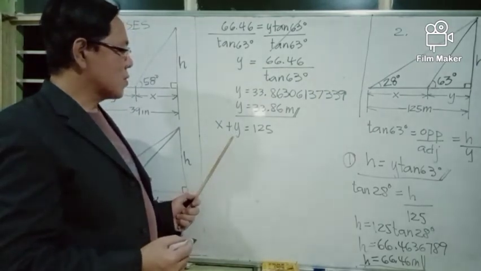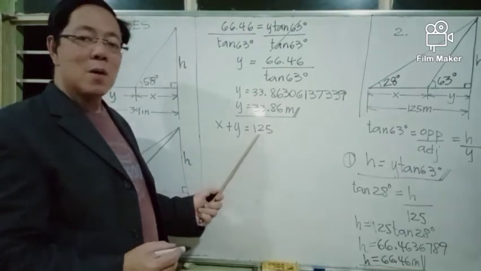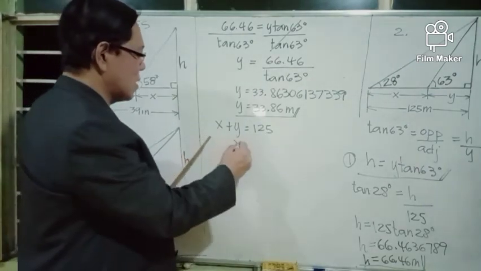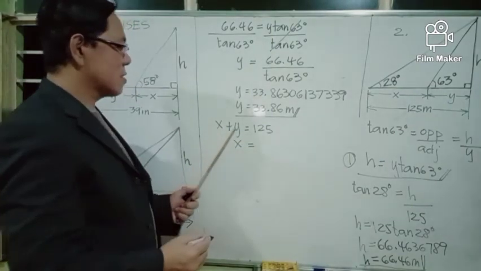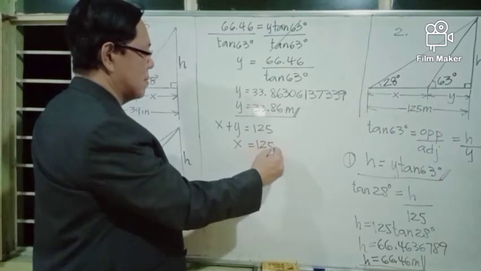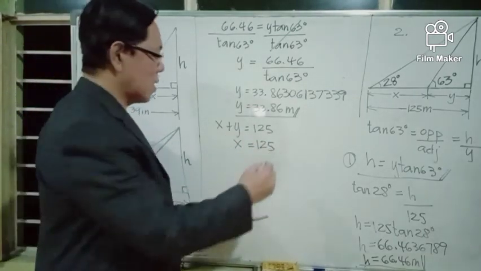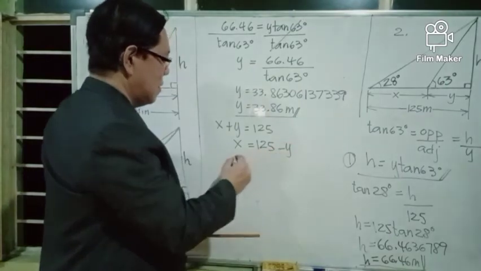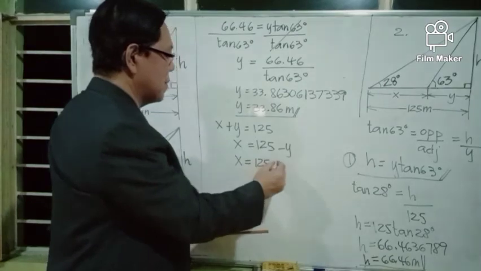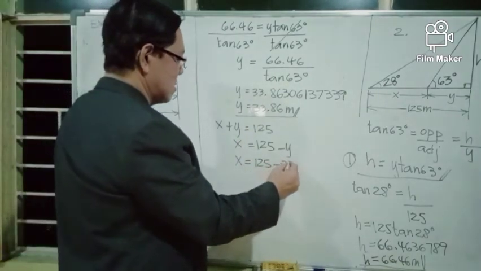And we transpose y to the other side because y has a value so that it can be combined with 125. Transposing positive y to the right, we get minus y. So x equals 125 minus y, which is 33.86.